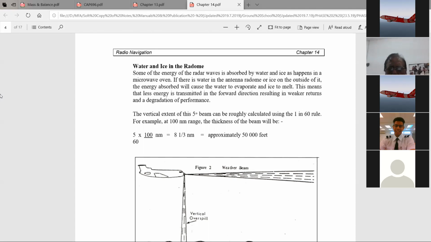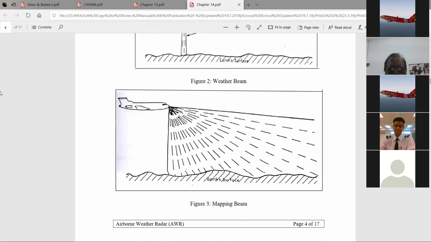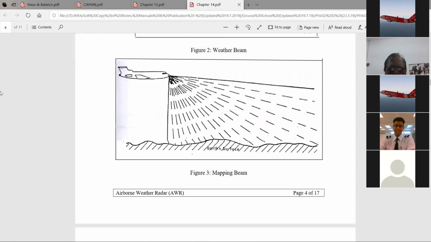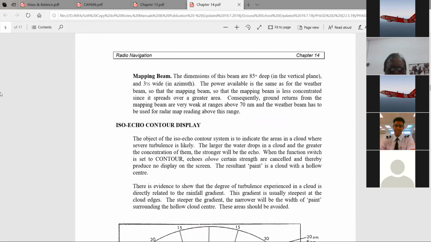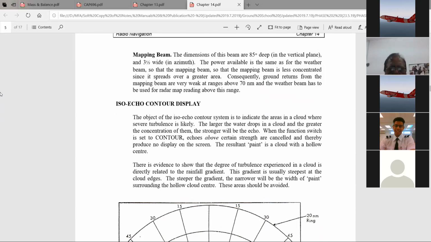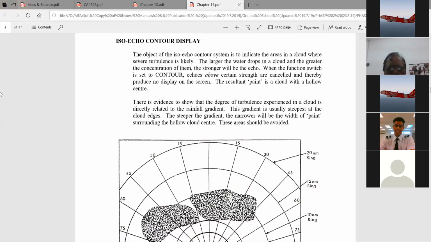Can you move forward, please? Forward. Okay, go ahead. I want to see the complete picture. Yes, this one.